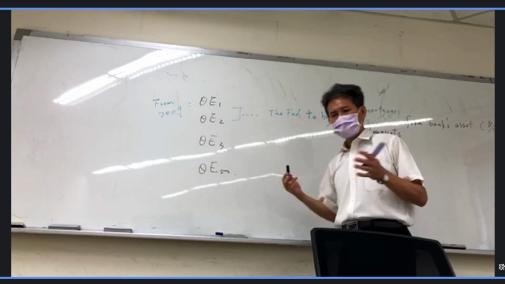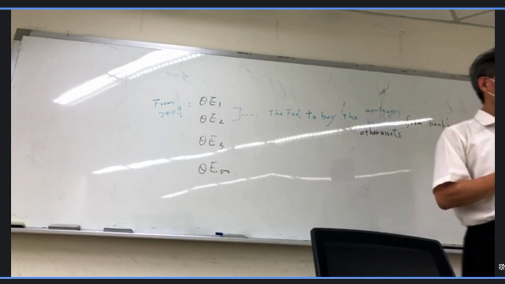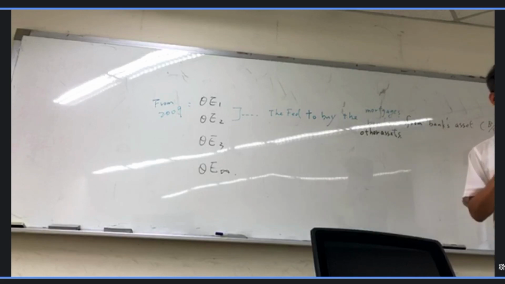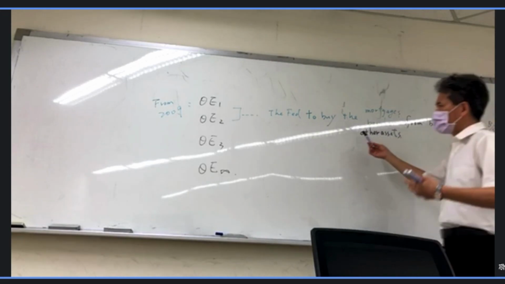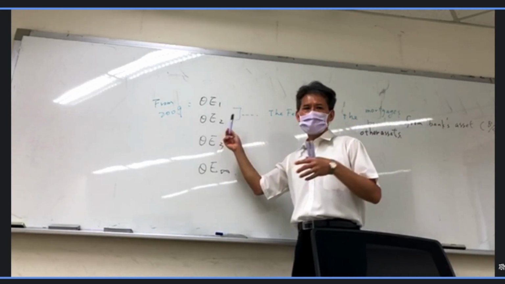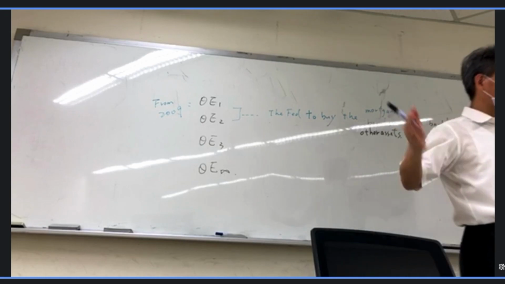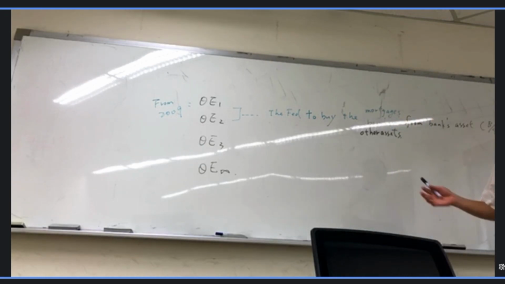Okay, but the banking industry was still afraid of the market. The market was dead at that time. So after QE1, they did it again, repeated it, and expanded the scale. But the economy was not lifted so significantly.